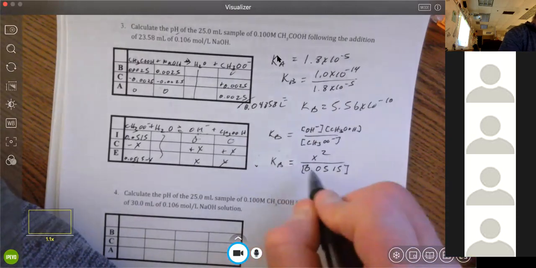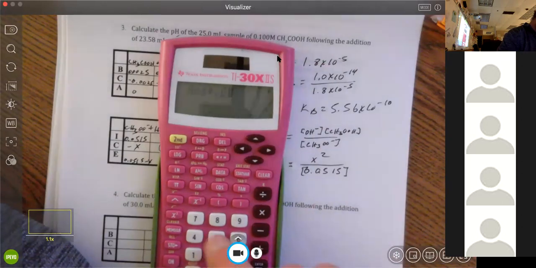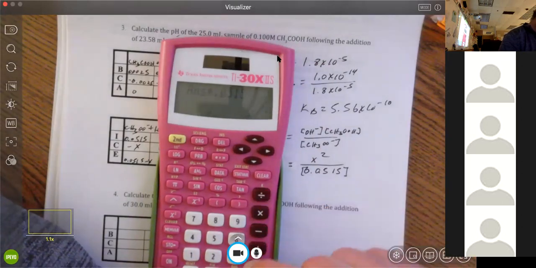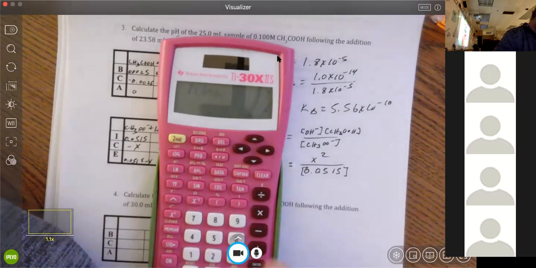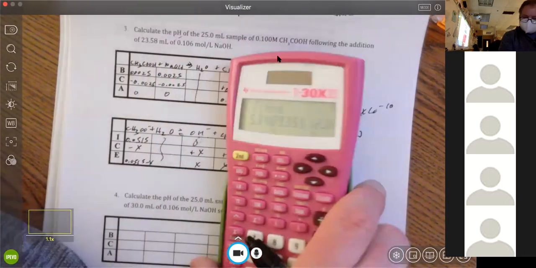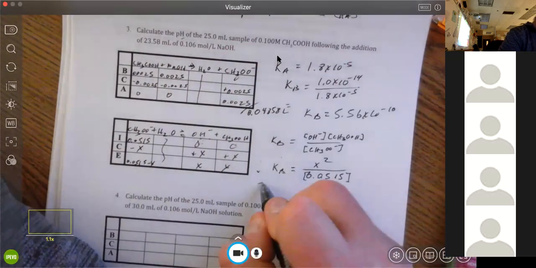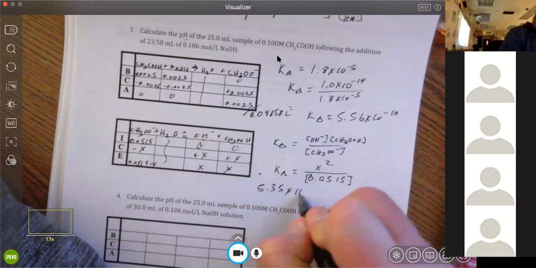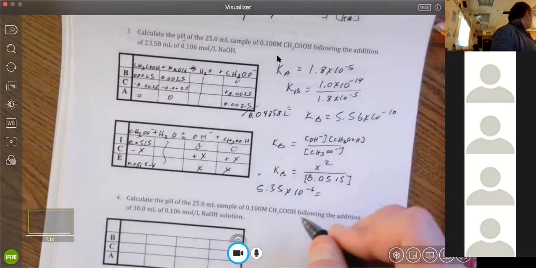So we're going to take and multiply Kb times 0.0515, and then we're going to take the square root of that. And we're going to get 5.35 times 10 to the negative 6. But what is this equal to? Hydroxide. Good.